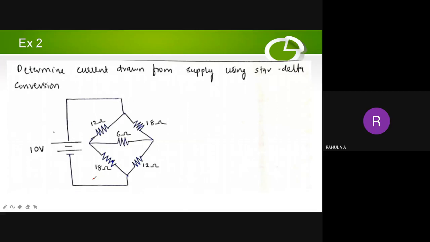Okay, delta to star conversion we have to use. How many delta are there in this circuit diagram? Two delta. Okay, you can select any one of this delta to convert it from delta to star. Any one you can choose. Okay, so here I am choosing the bottom one, that is this delta.